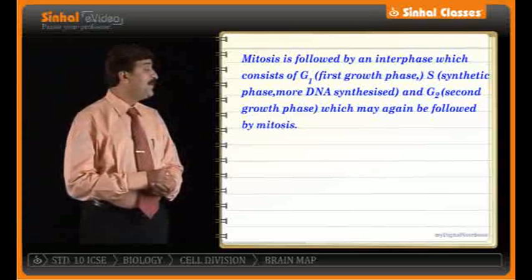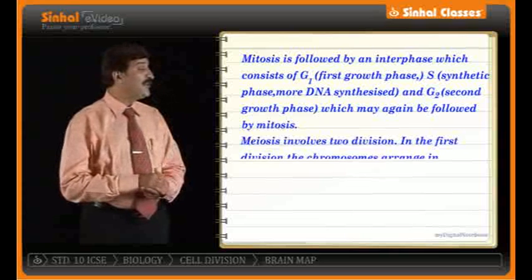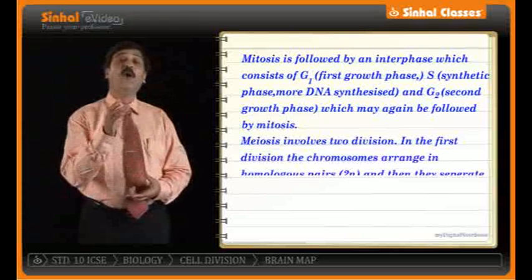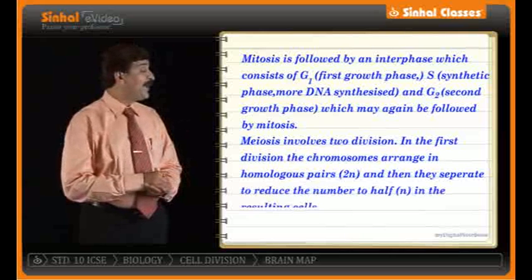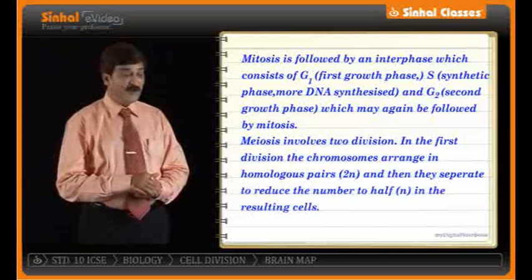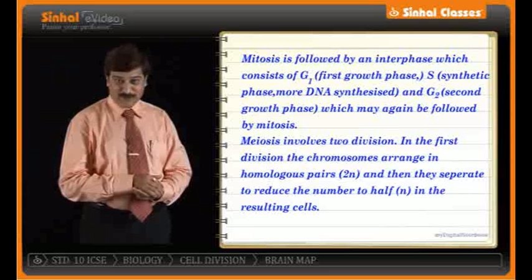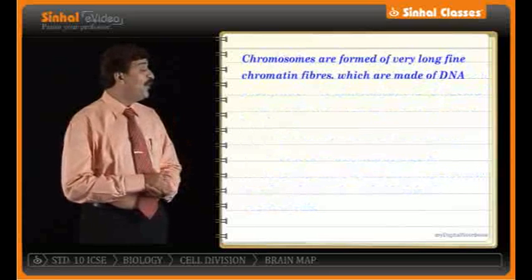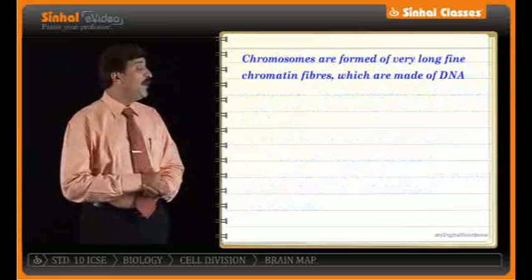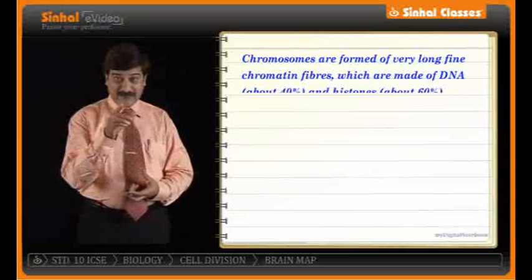We are also talking about meiosis, which involves two divisions. In the first division, the chromosomes are arranged in homologous pairs and they are separated to reduce the number to half, as a result of which the cells show the haploid number of chromosomes. Chromosomes are formed of very long fine chromatin fibers which are made up of DNA.